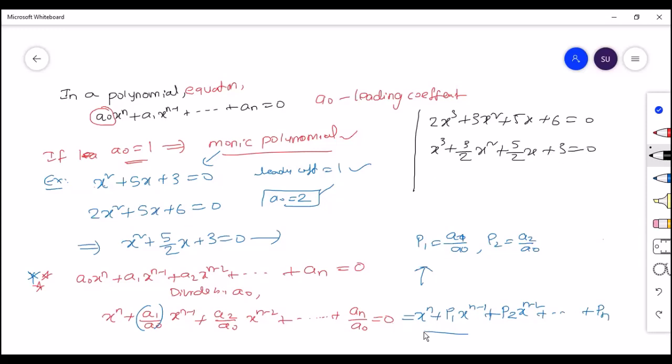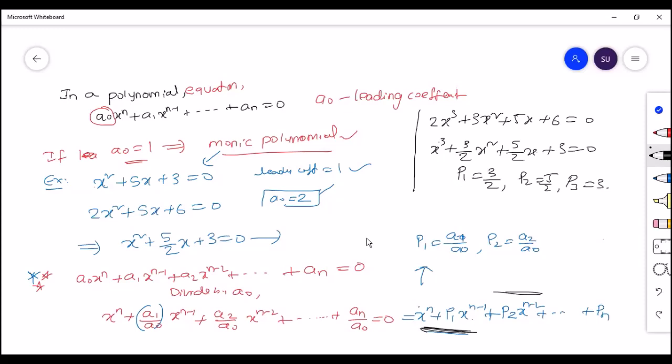Now you can compare with this expression: x power n is x power 3, p1 x power n minus 1 is p1 x square, and so on. So p1 is equal to 3 by 2, p2 is equal to 5 by 2, p3 is equal to 3. So this is the concept.